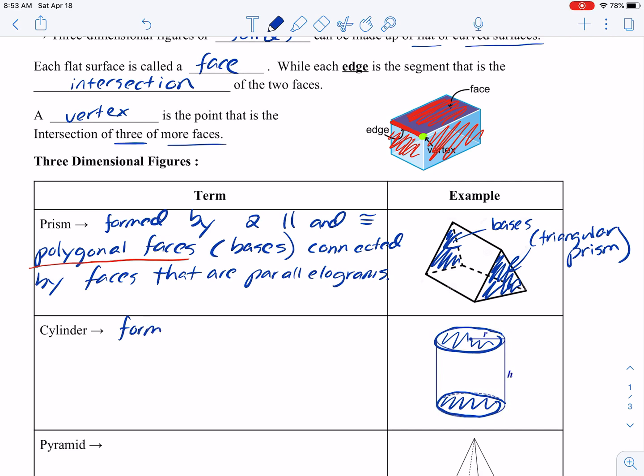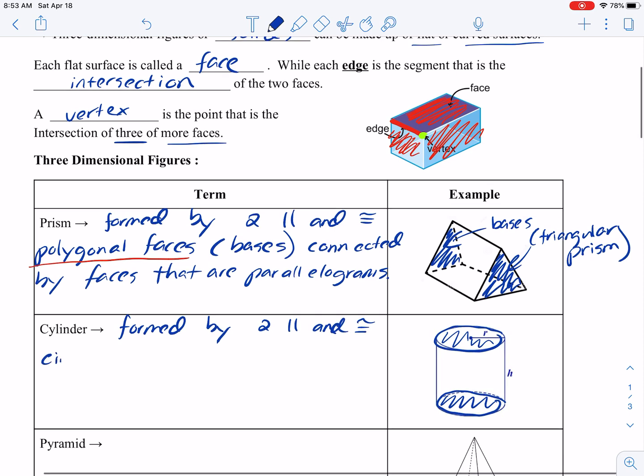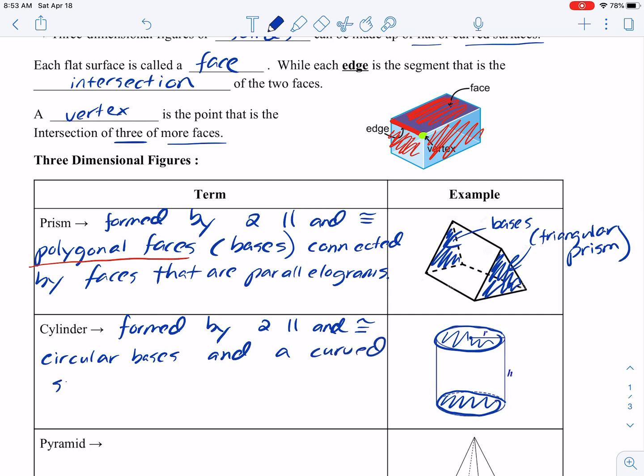It's formed by two parallel and congruent circular bases and a curved surface that connects the bases.